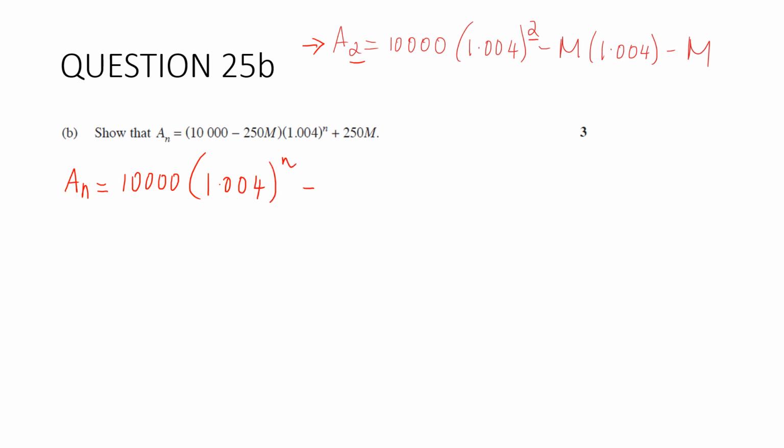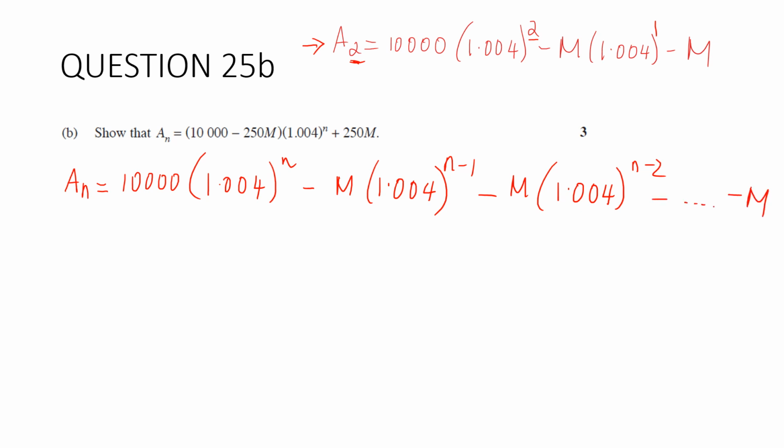Take away M lots of 1.004. This is to the power of 1 here, which is 1 less than 2, so this is going to be n minus 1. Take M, 1.004 to the n minus 2. Take away dot, dot, dot, take away M is equal to 10,000 times 1.004 to the power of n, take away M.